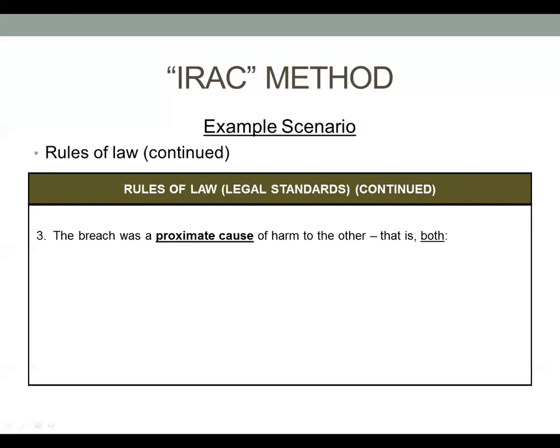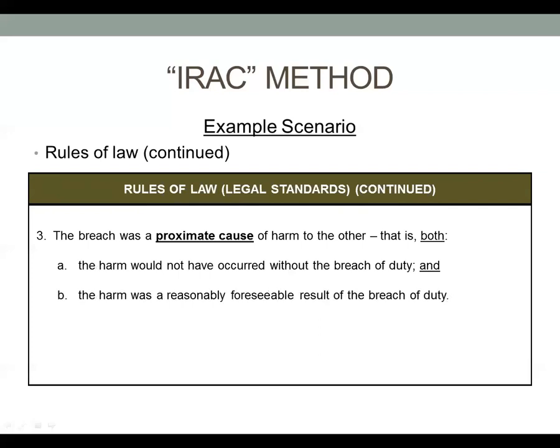Now, the paralegal researches what proximate cause means, and discovers that proximate cause involves two components that both have to exist. First of all, the harm cannot have occurred without the breach of duty. So that's one requirement for proximate cause to exist under the law: if the person had not breached the duty of care, then the harm would not have occurred.